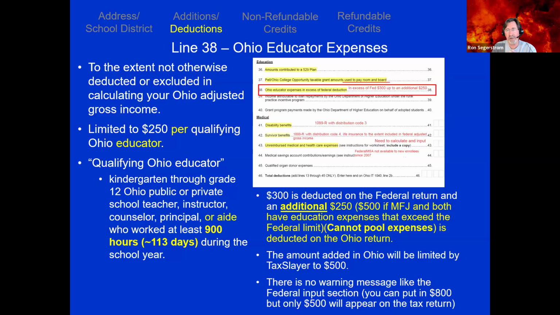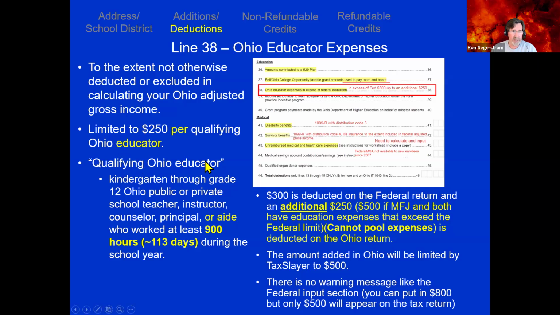So Ohio educator expenses, and I had no idea about this. For federal, the standard knowledge is that you can deduct $300 per educator, and anything else doesn't carry forward to Ohio. But Ohio allows an additional $250 per educator for educational expenses.